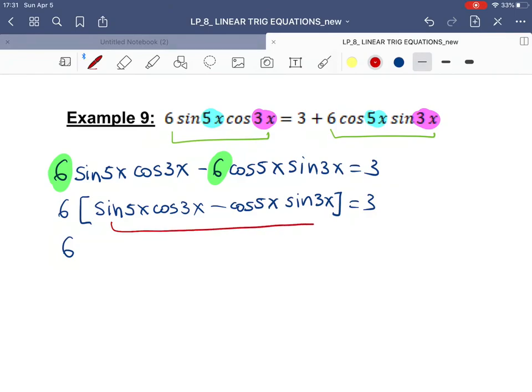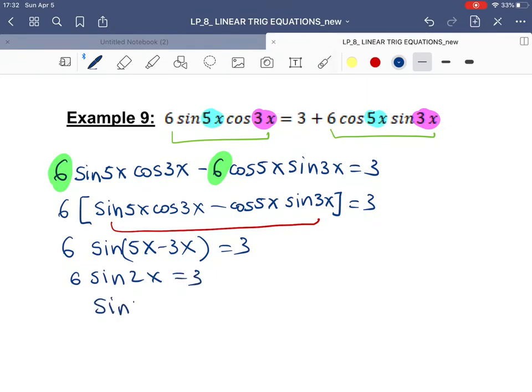We're going to actually combine all these together into one term. So what we have in here is compound angle for sine, for the difference of the angles. So sine of 5x minus 3x. So 6 sine 2x equals 3. Sine 2x equals half, 3 over 6.